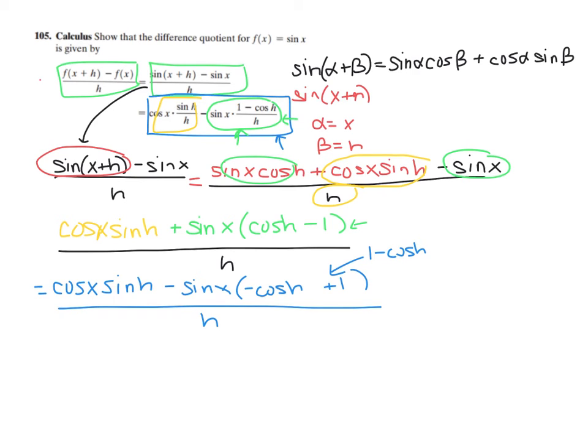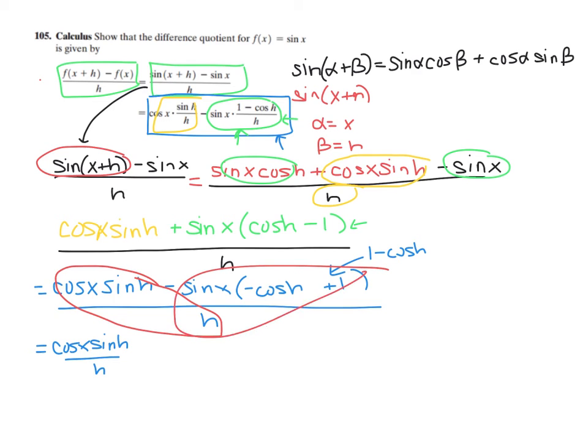The next thing I'm going to do is split this up into two parts. The first part is cosine of x sine of h over h. Keep in mind, by the way, that when you have something added or subtracted on the top of a fraction and only one thing on the bottom, make sure that you keep this stuff over h and also this stuff over h.